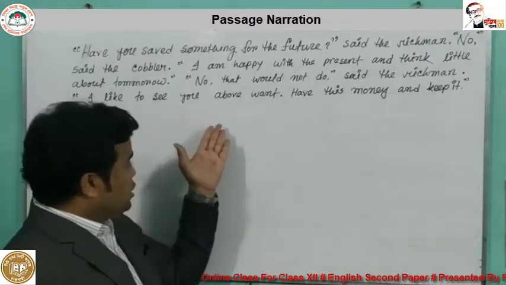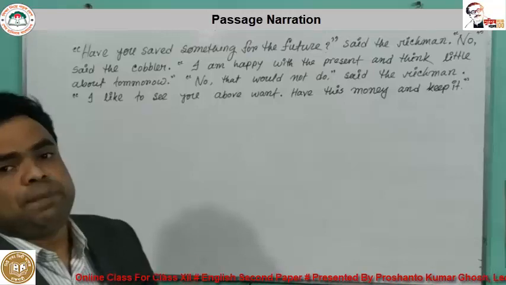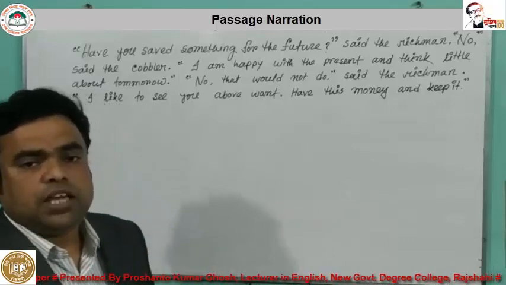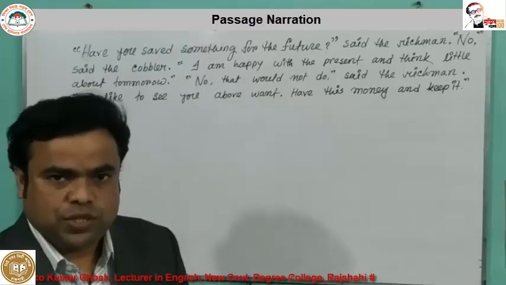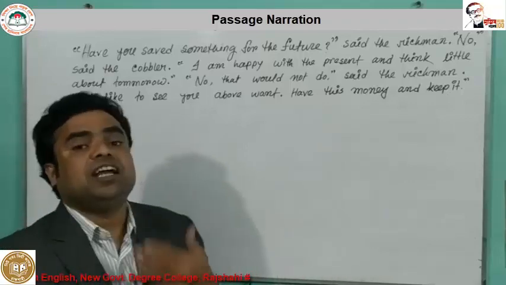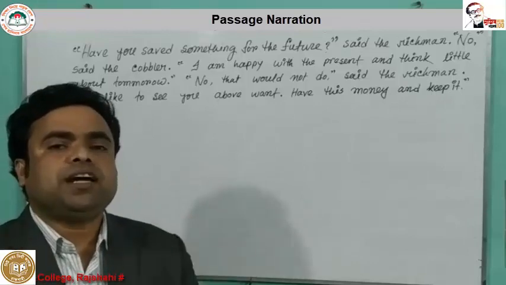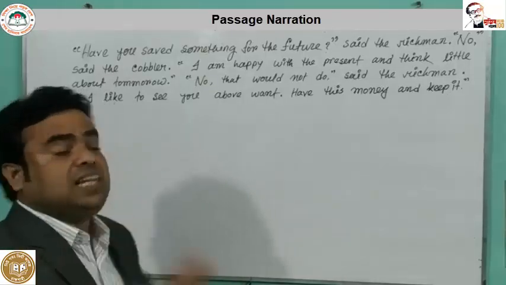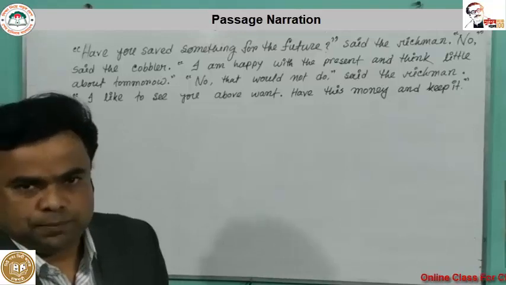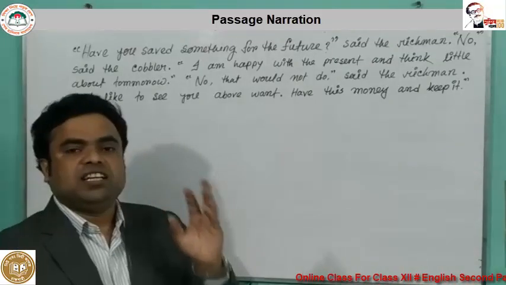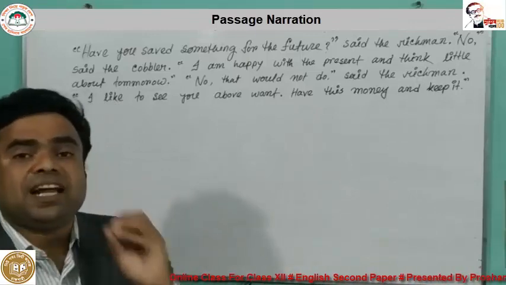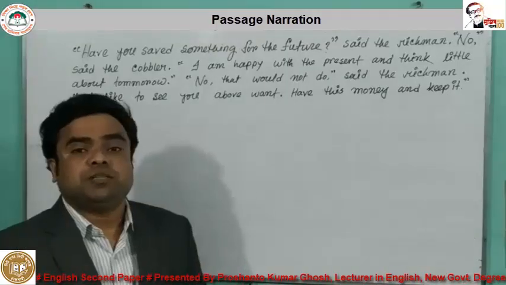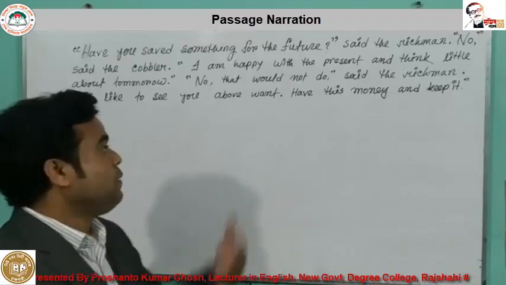In a passage, you have to find out the speaker and then the listener. If you find them, it will be easier to change the passage into indirect. Sometimes the speaker and listener are omitted, but you have to find them by reading the passage properly.